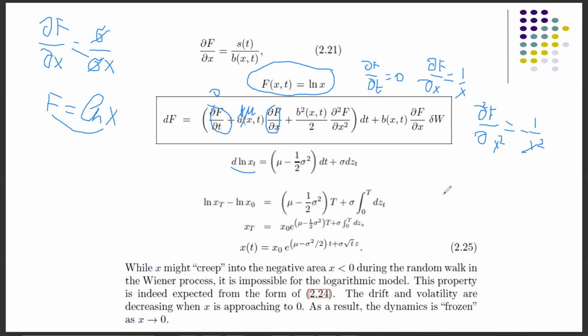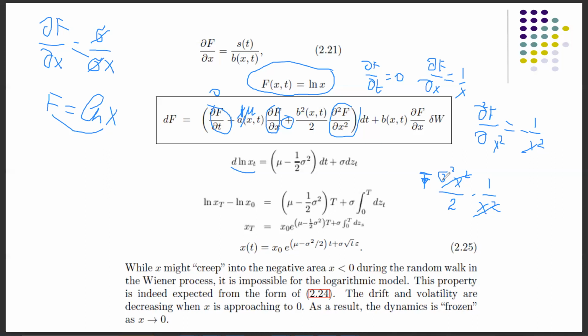So this term equals minus b squared divided by 2 and 1 divided by x squared, where b squared is sigma squared x squared.